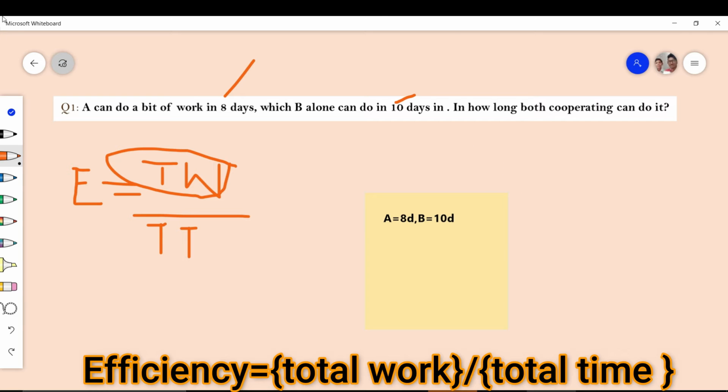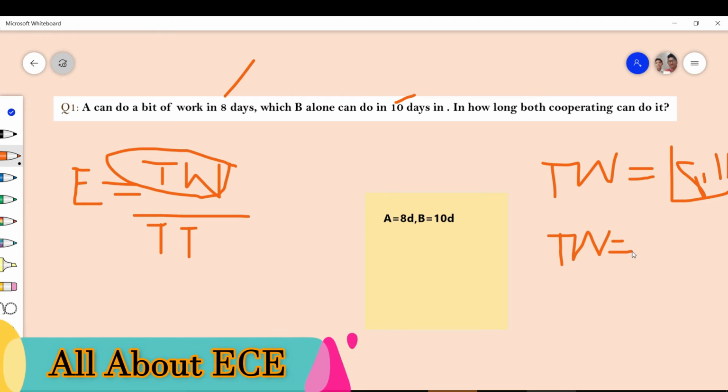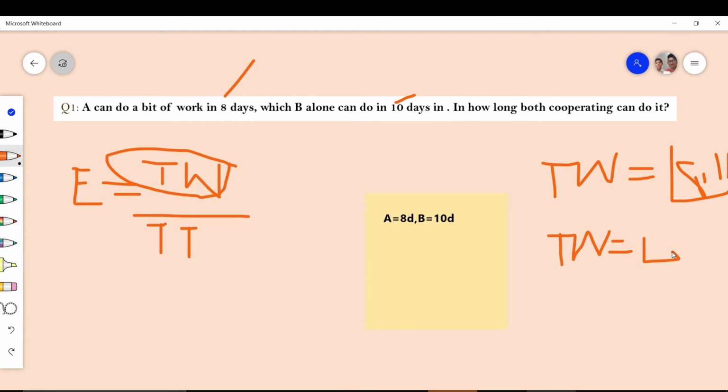That will be our total work. So if you find the LCM of 8 and 10, we'll get our total work as 40.